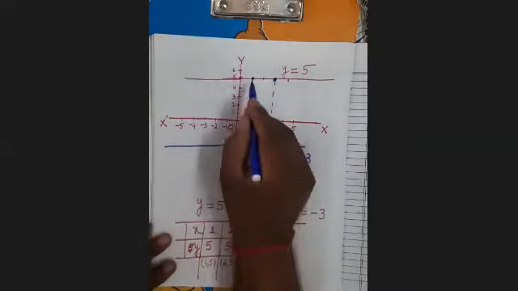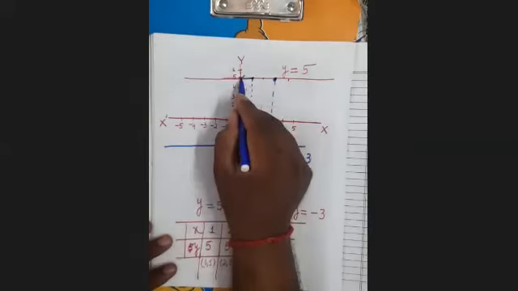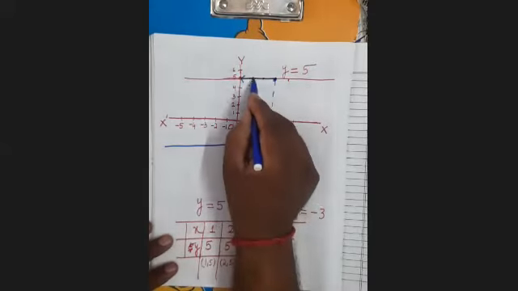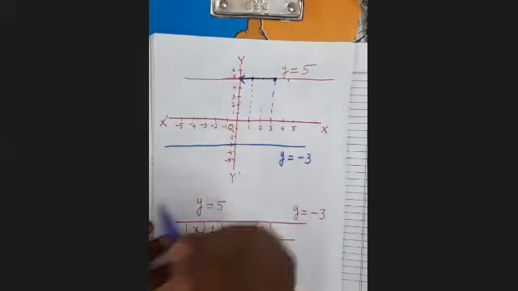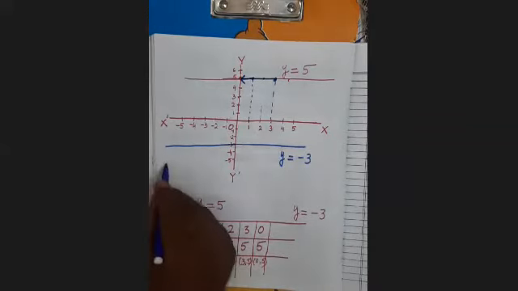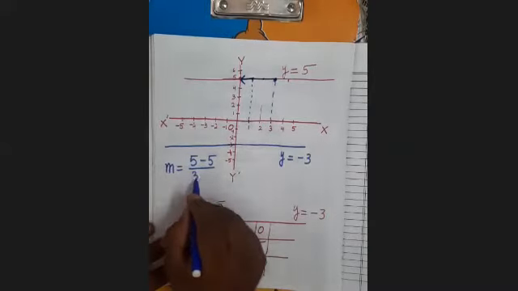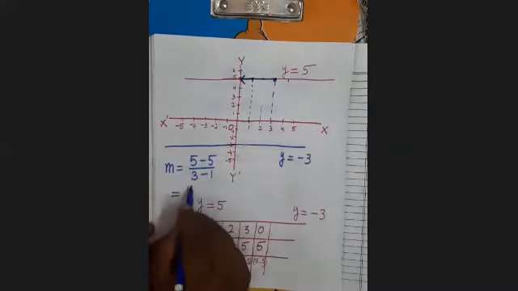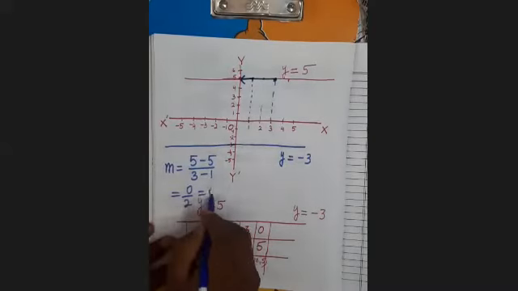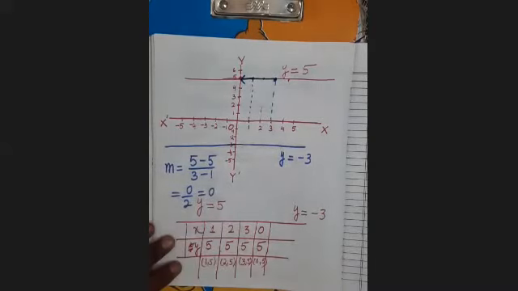What is y1? 5. What is y2? 5. So y2 minus y1 upon x2 minus x1 is 5 minus 5 upon 3 minus 1, that is 0 upon 2, which means slope is 0. It's clear?